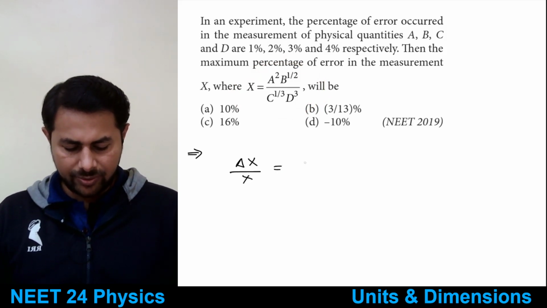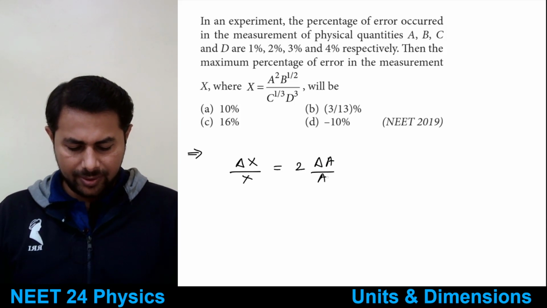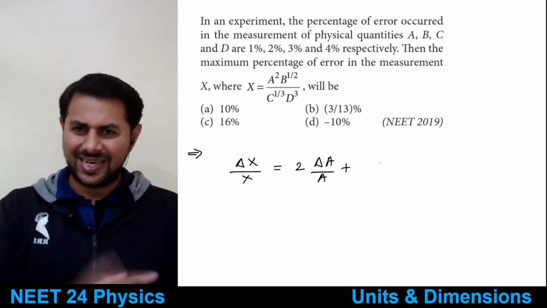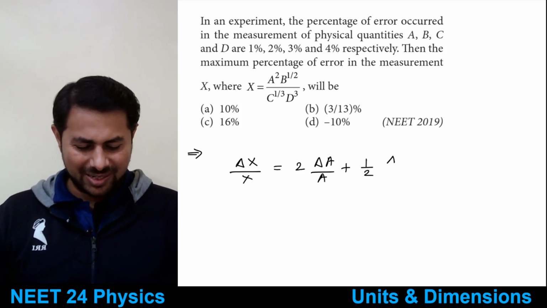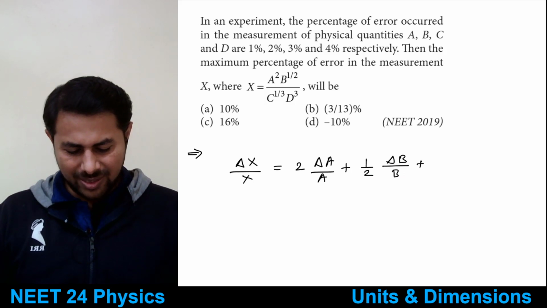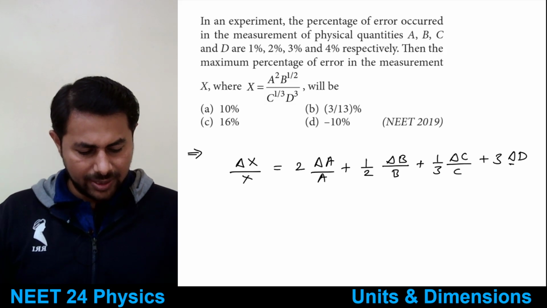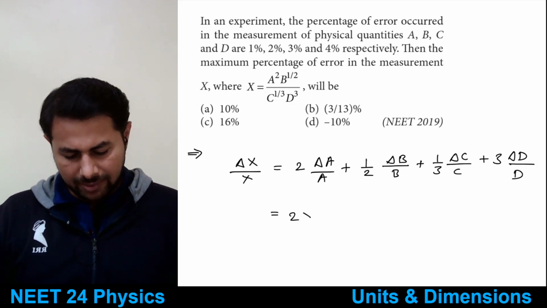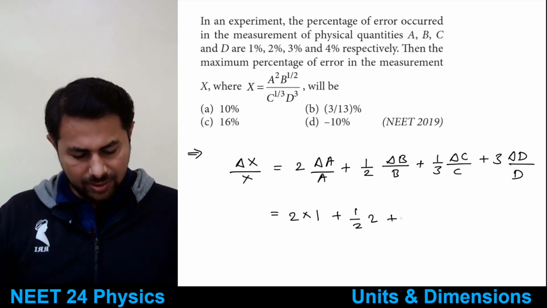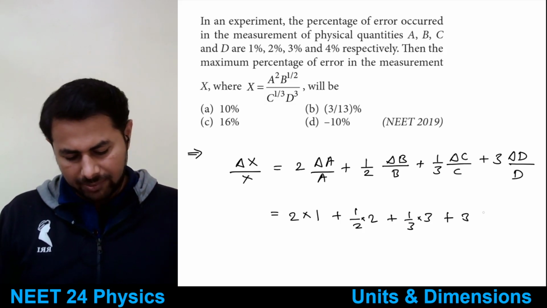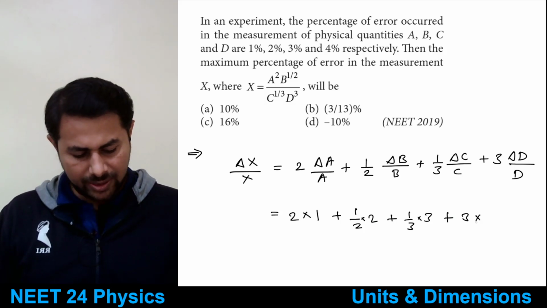Delta X by X would be 2 times delta A by A plus half of delta B by B plus 1/3 of delta C by C plus 3 times delta D by D, which equals 2 times 1% plus half of 2% plus 1/3 of 3%, plus 3 times of 4%.